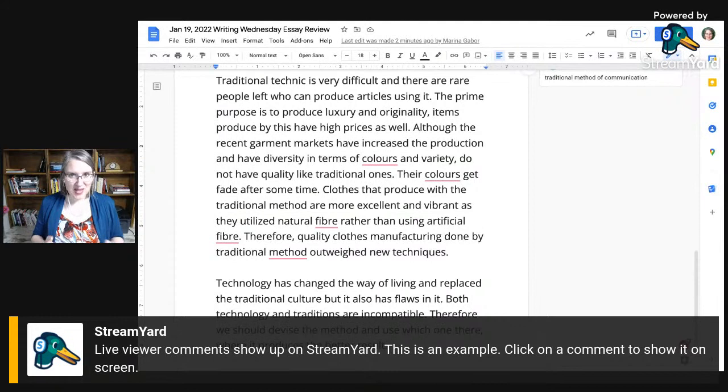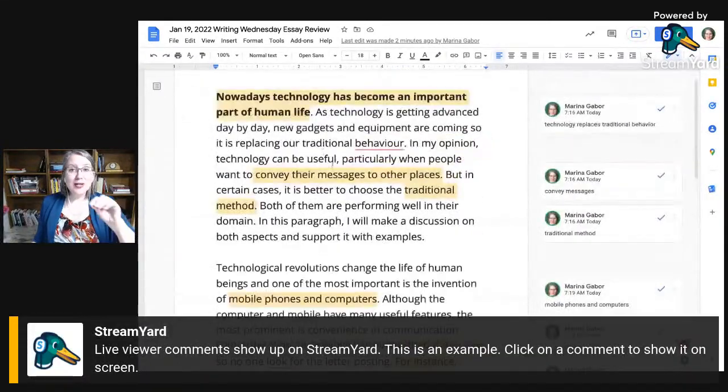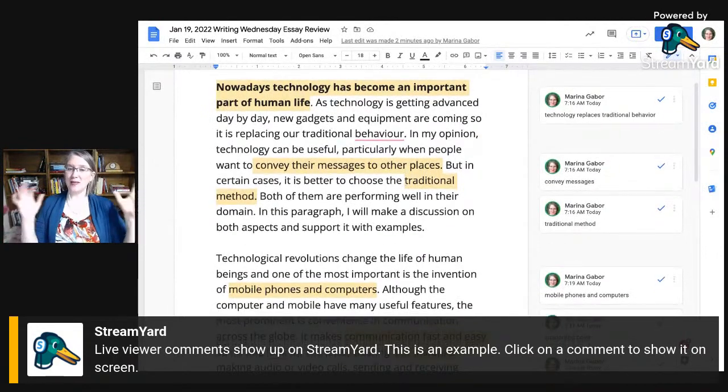All right. I did not see that coming. So if you want to have a variety of technology in this essay, you need to introduce that in the introductory paragraph. Because otherwise the reader's going, whoa, I thought we were talking about phones and computers, and now we're talking about clothes. So I'm confused.